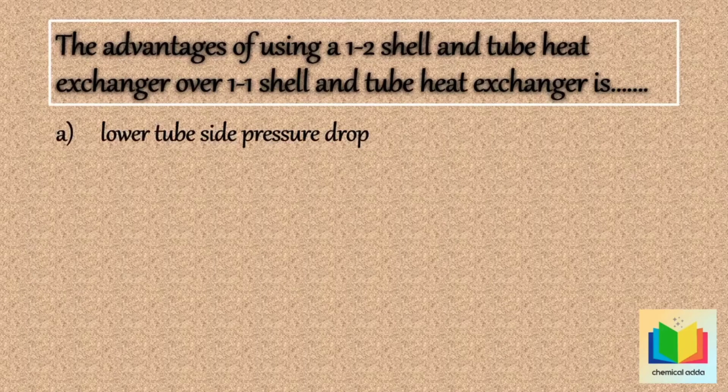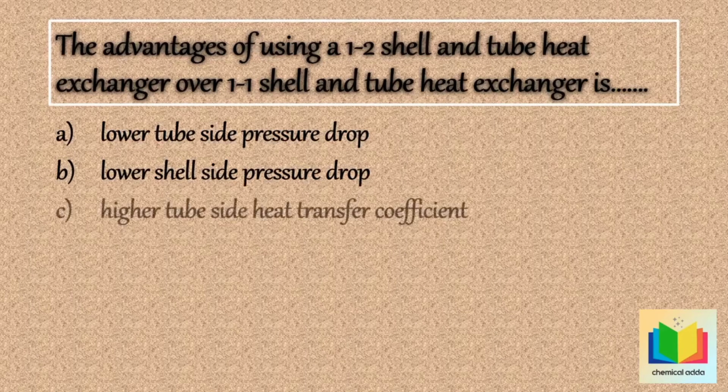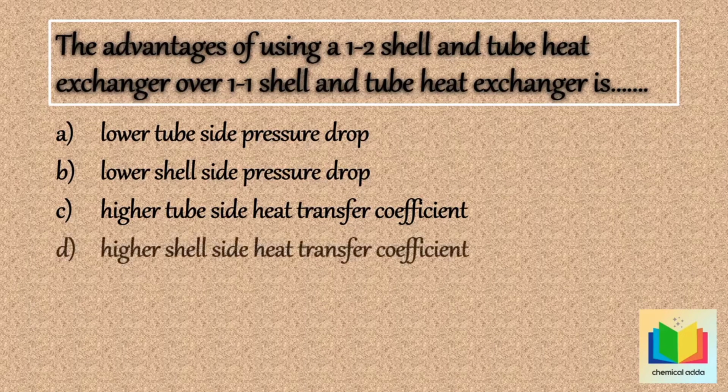Option B, lower shell side pressure drop. Option C, higher tube side heat transfer coefficient. Option D, higher shell side heat transfer coefficient.